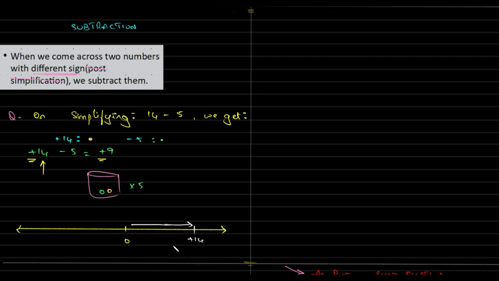So we are moving to the left, and we won't be crossing 0, is it not? 14 steps to the right and 5 steps to the left will not give you a negative number. So you are over here. The idea that this result will end with a positive number is what is more important than addition and subtraction, because you guys are good at adding and subtracting.